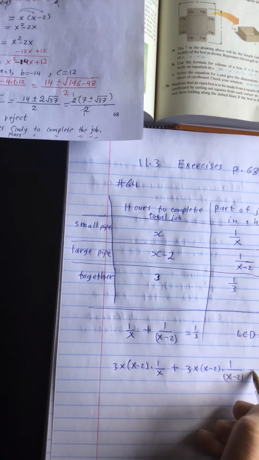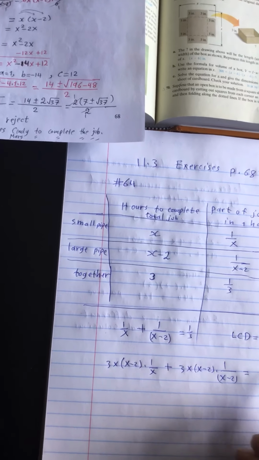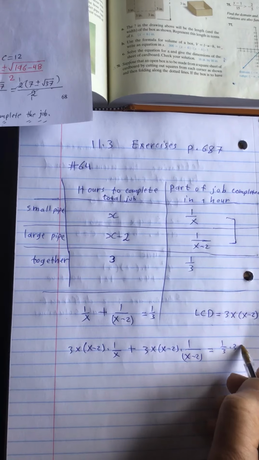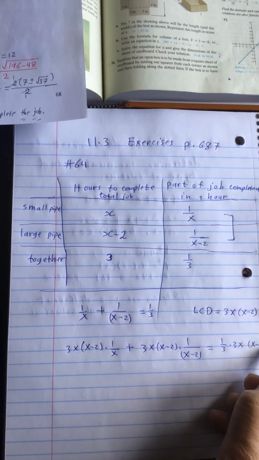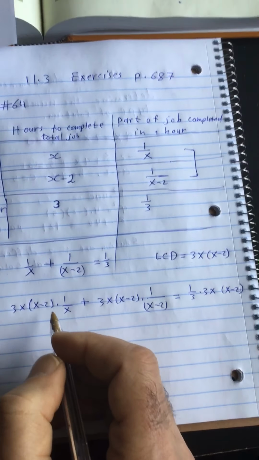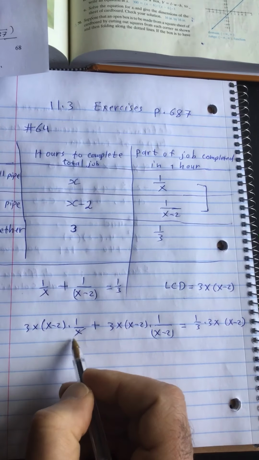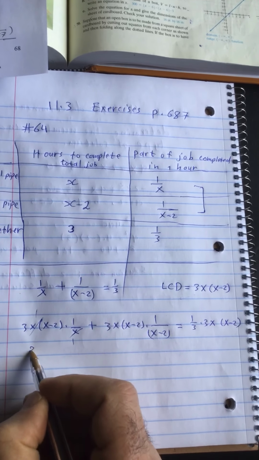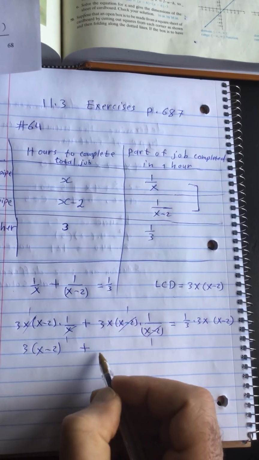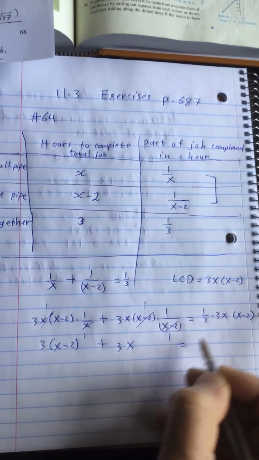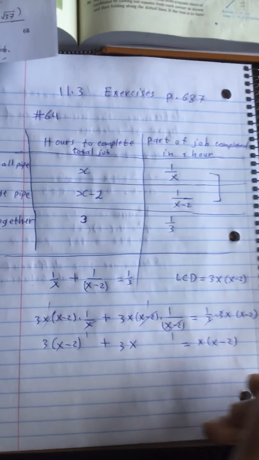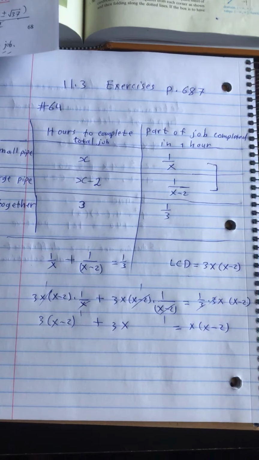Then equal, multiply also 1/3 by the least common denominator, 3x times x minus 2. Then simplify. Divide out by x, so we get 3 times x minus 2. The x minus 2 cancels, so we get 3x. Then 3 cancels with 3, so x times x minus 2. Now we have this equation, cleared of fractions.